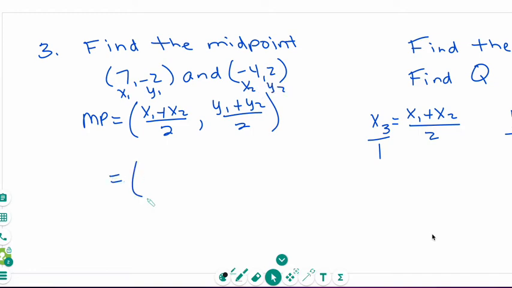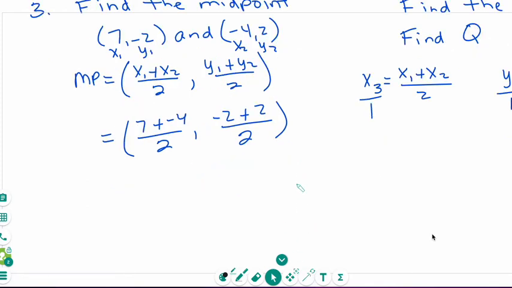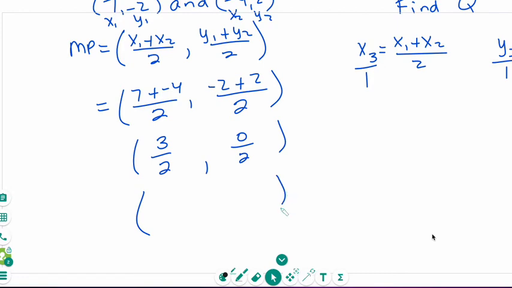Do our substitution step. x1 7 plus negative 4 divided by 2, y1 negative 2 plus 2 divided by 2. We would have 3 over 2, and we're going to have 0 over 2, 1.5 comma 0 is our midpoint.